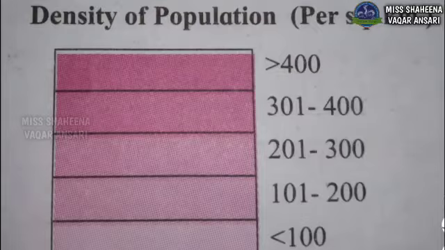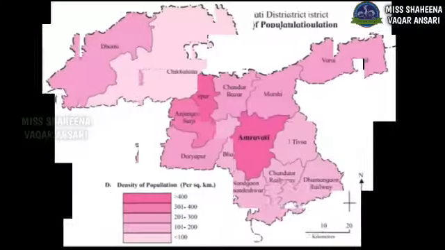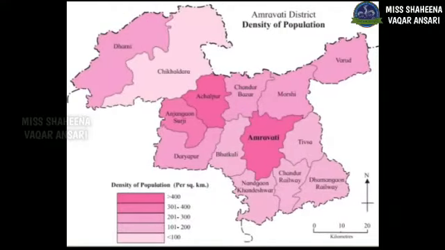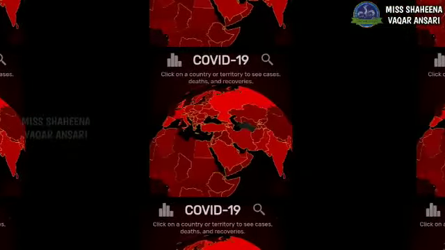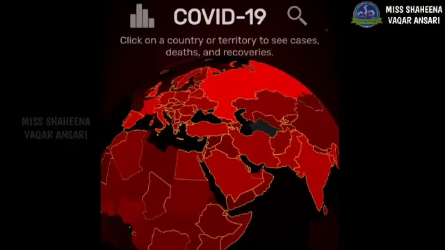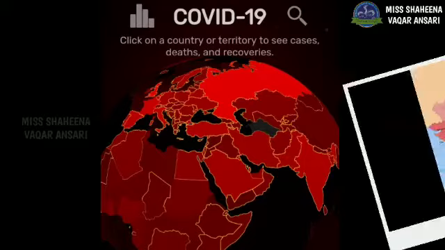Did you understand this? This is the map of Amravati district showing the population. Amravati has the maximum population in one particular area, and that area is shown in a very dark shade of pink color. Look up on the net, children, just for your interest, and look at the choropleth map of the world and India showing coronavirus infected areas.